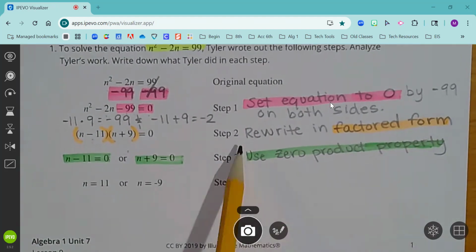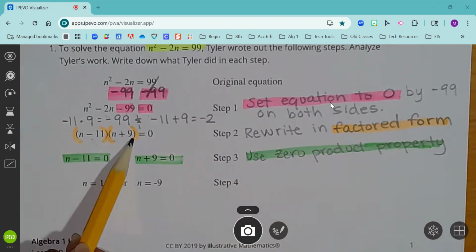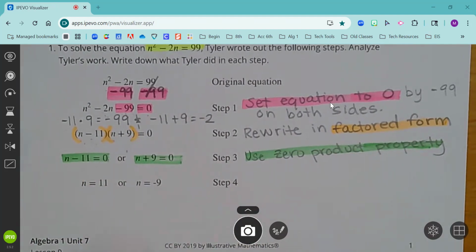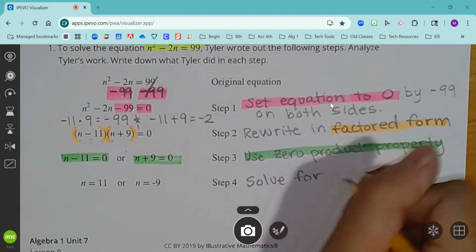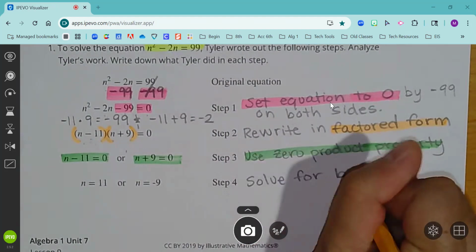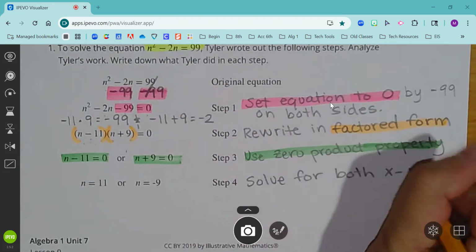Okay, so setting both of them equal to zero, because we know if one of these factors is zero, the whole thing will just be zero. And then the last step is to solve for both x values.